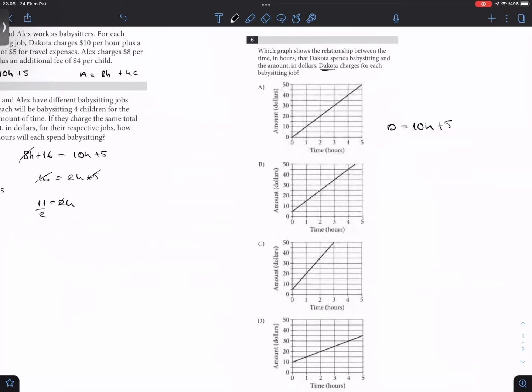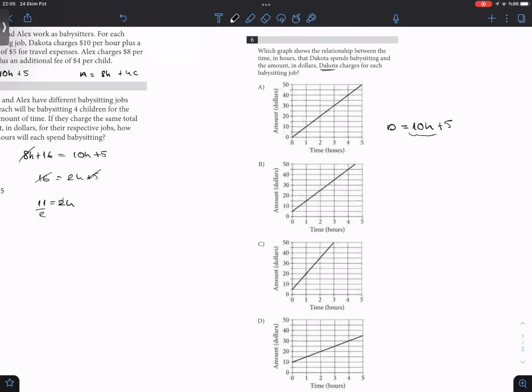When Dakota doesn't work a single hour, they still gain $5, because 10 times 0 is 0. So at the x value of 0, the y value should be 5.